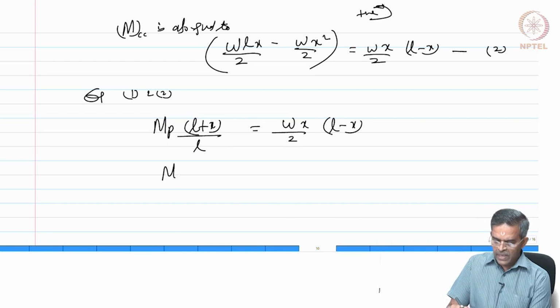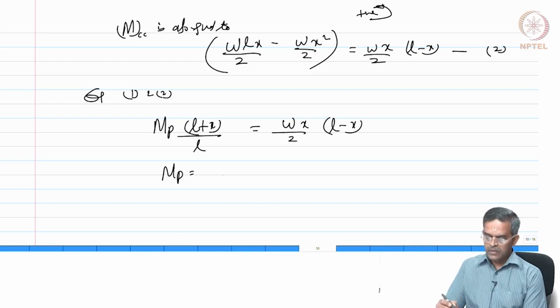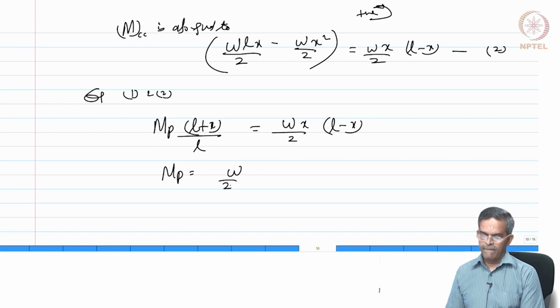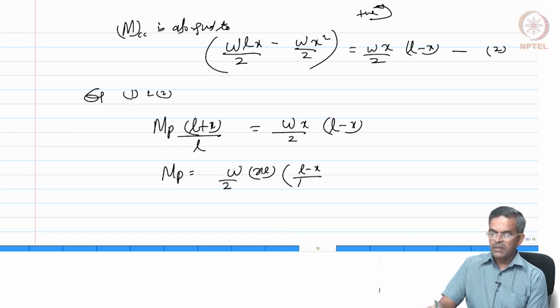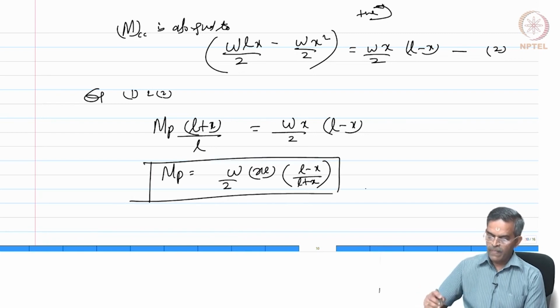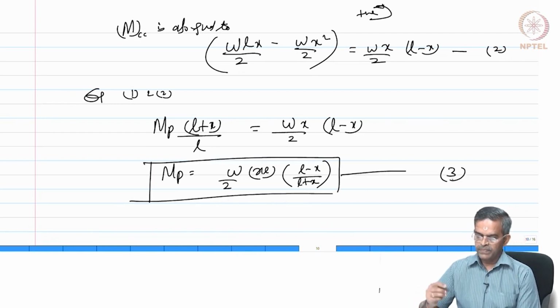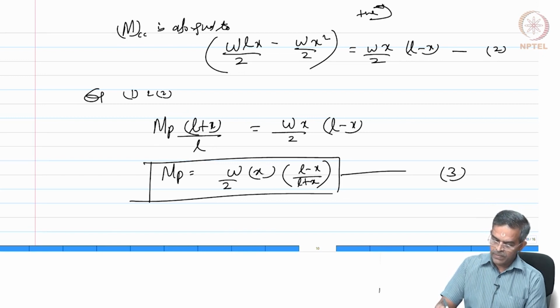So, I can straight away say MP is W by 2, into XL times (L minus X) by (L plus X). Can I say this? Equation 3.